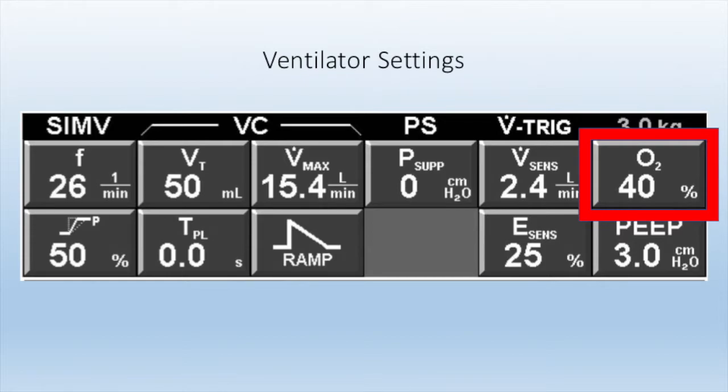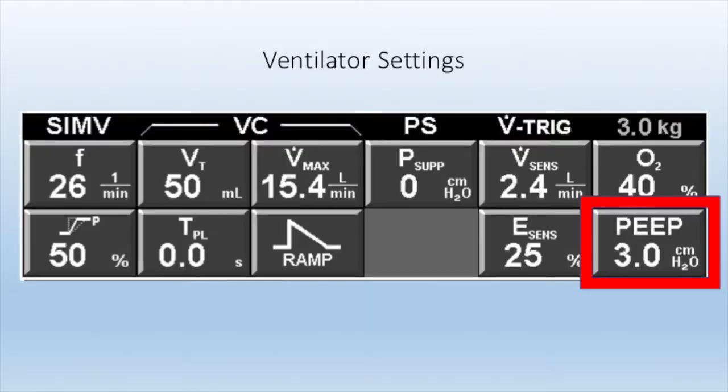change that you make. The second parameter you can change to mitigate hypoxemia is to add additional positive end expiratory pressure. It makes sense that if we're able to recruit additional alveoli, and even more so that if we're able to prevent atelectasis, that we will be able to increase oxygenation.